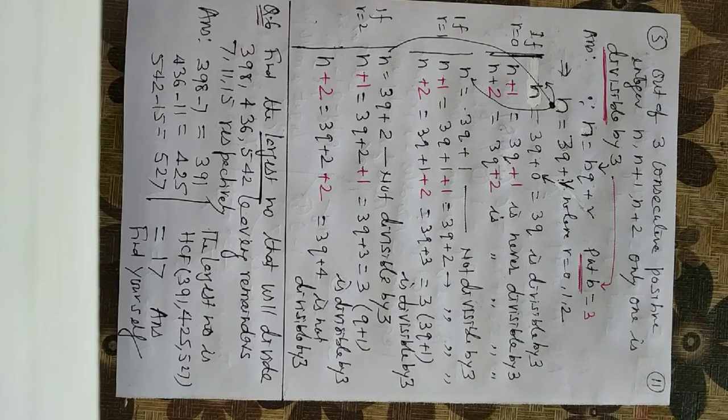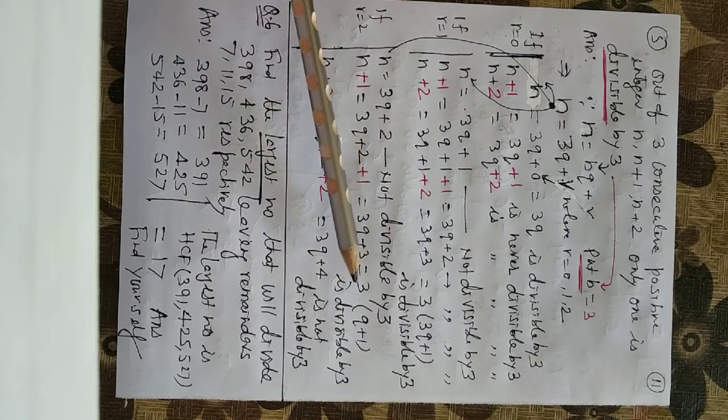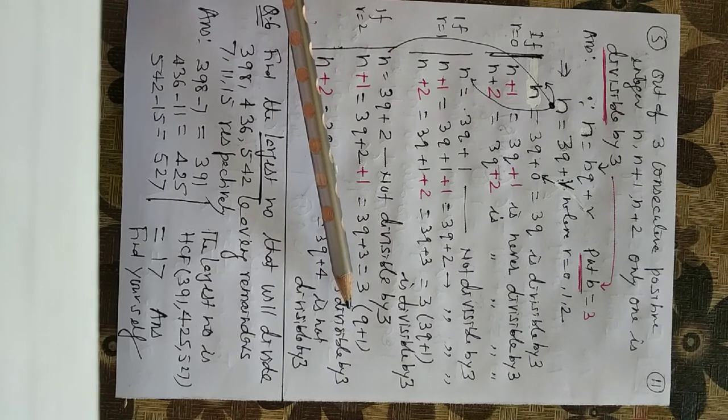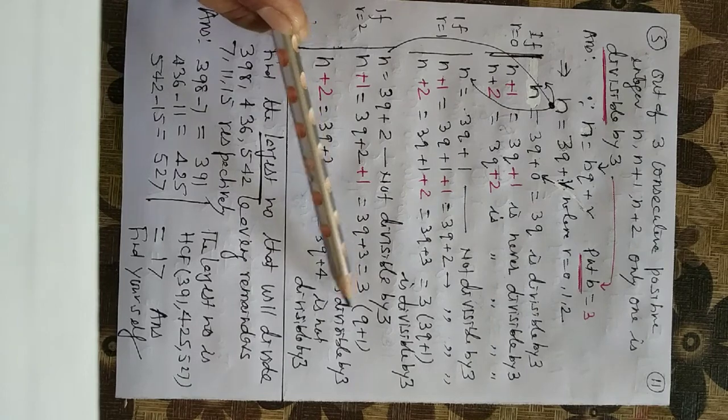If r is equal to 2, again n is equal to 3q plus 2, which is not divisible by 3. Adding 1, 3q plus 2 plus 1 is 3q plus 3, again 3 is common. We are left with q plus 1, which is again divisible by 3.